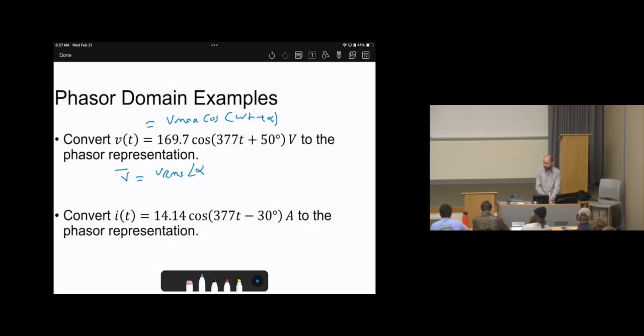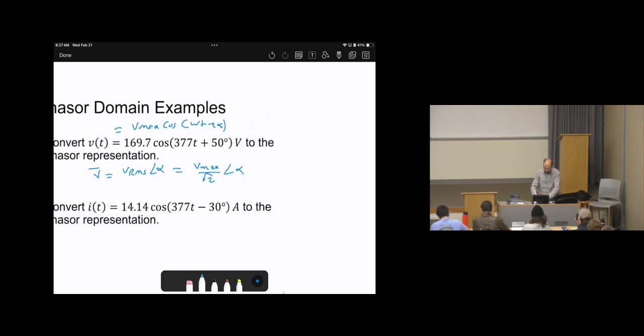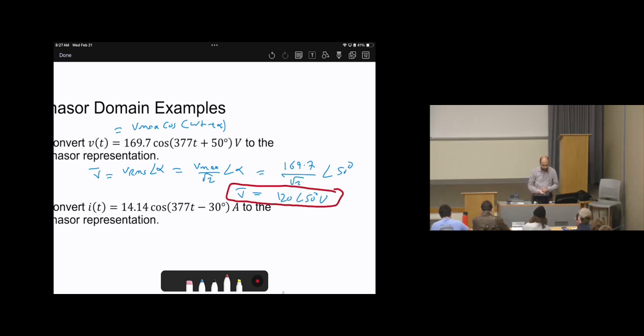What's given in the question is the max, not the RMS, so it is V max divided by square root of 2 angle alpha. V max is 169.7 divided by square root of 2 angle 50 degrees. After simplification, it will be 120 angle 50 degrees volts. This is V bar, and this is the answer. This is how I convert the expression to the phasor domain.